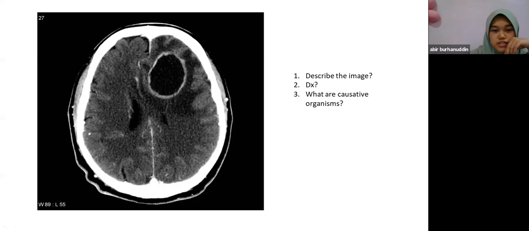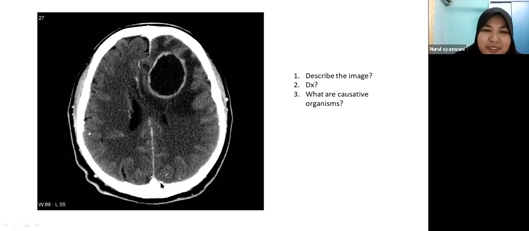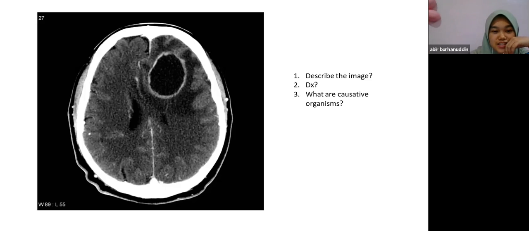We can see there is a hypodense lesion located at the frontal area. So I think this is an abscess or any space-occupying lesion like tumor or abscess.